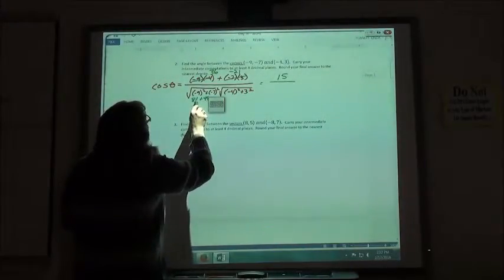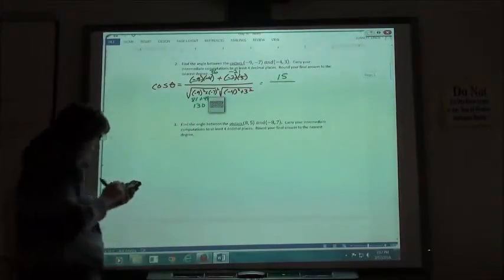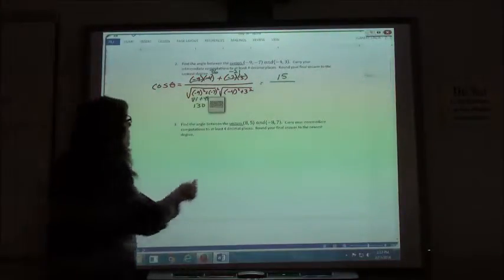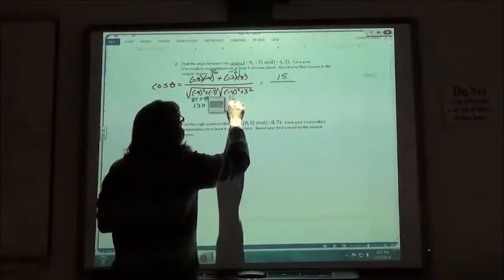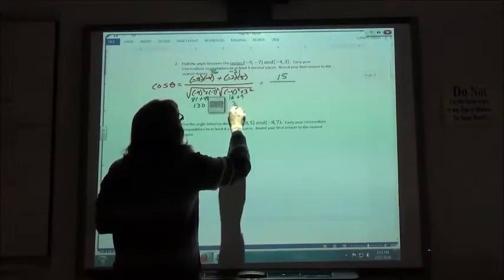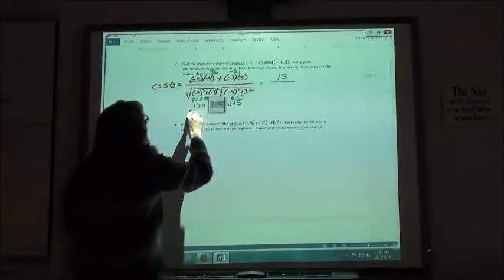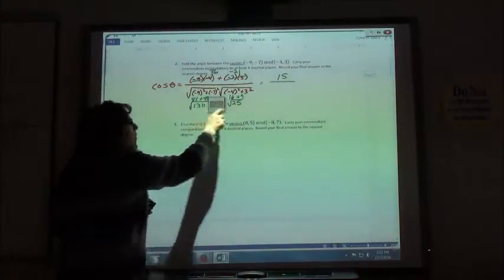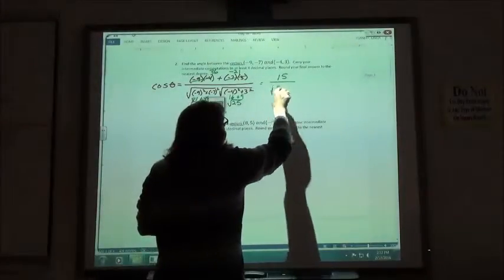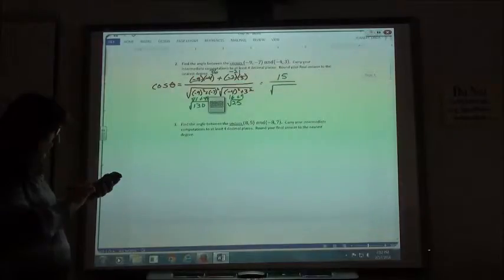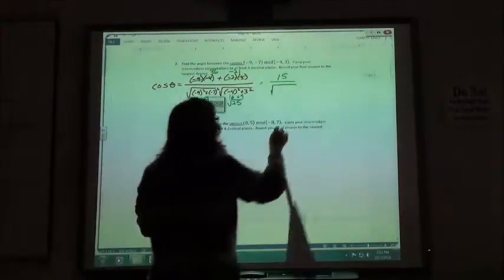If I add those together, I get 130. Over here, negative 4 squared is 16, plus 3 squared is 9. 16 plus 9 is 25. So I have the square root of 130 times the square root of 25. I'm just going to multiply those two things together and not worry about simplifying. 130 times 25 gives me 3,250.